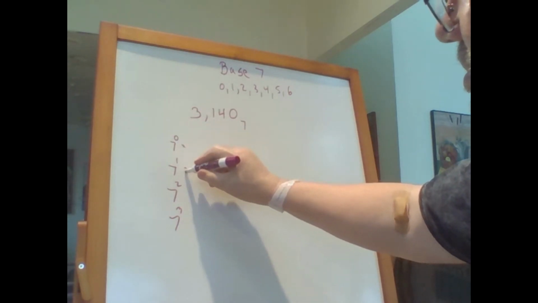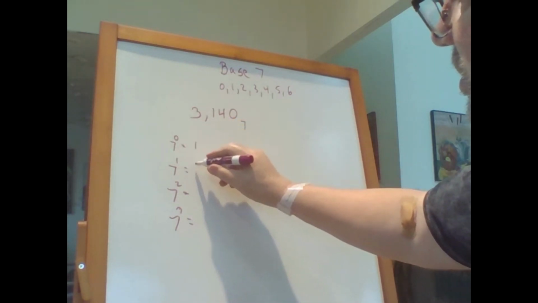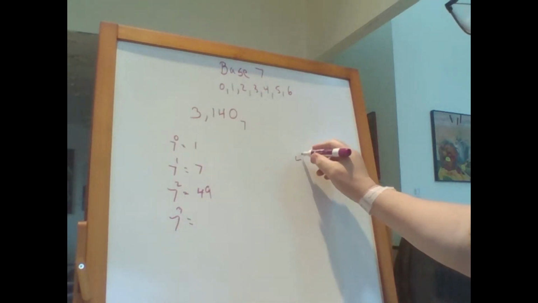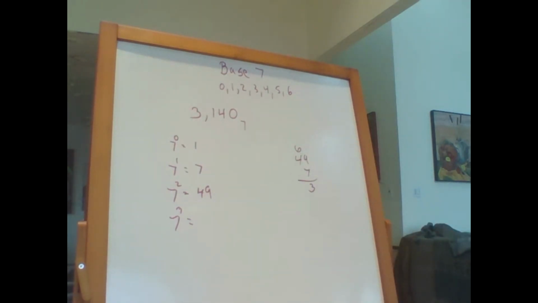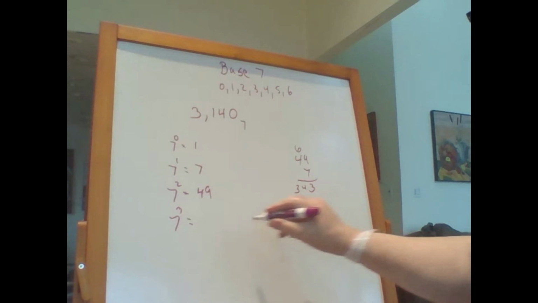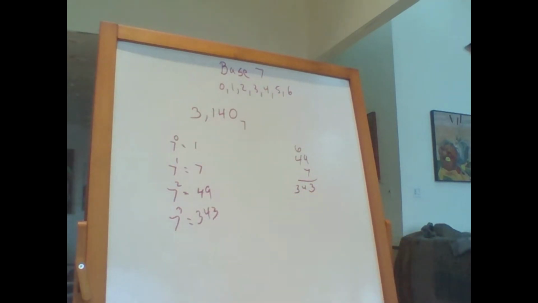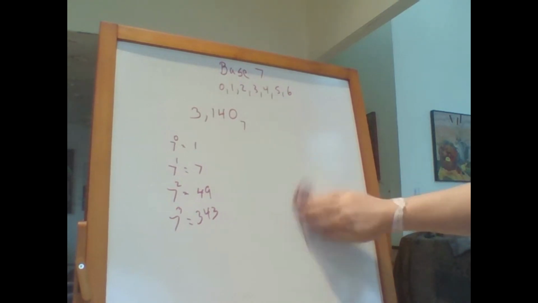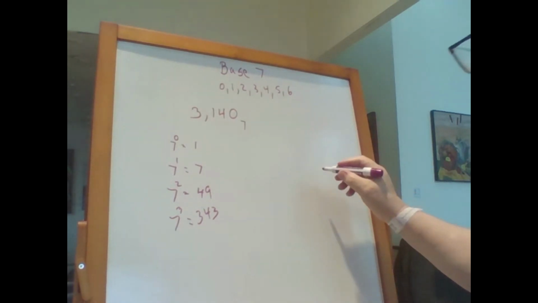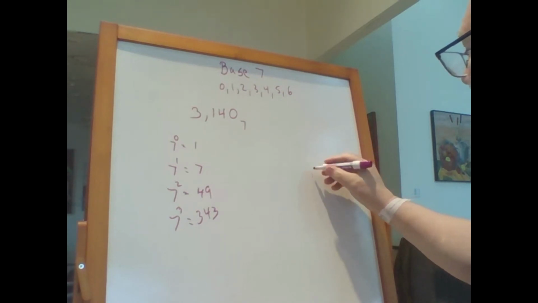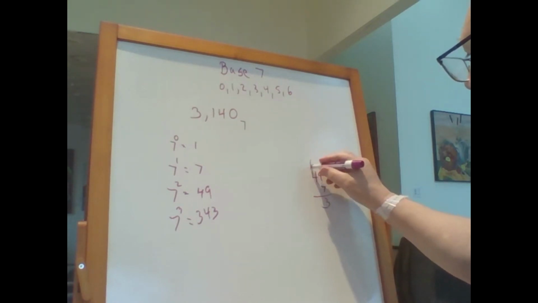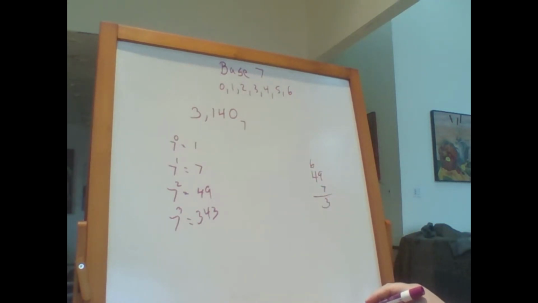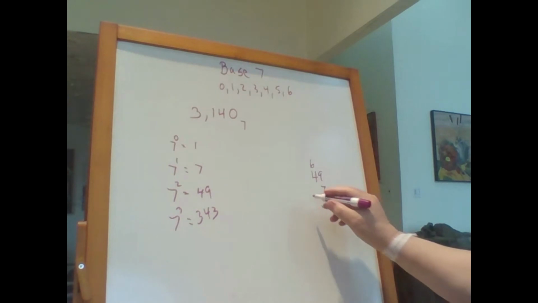And that's equal to 1, 7, 49, and 49 times 7 is 343. And I did that kind of quickly, so let me just check that. 49 times 7, that's 343.